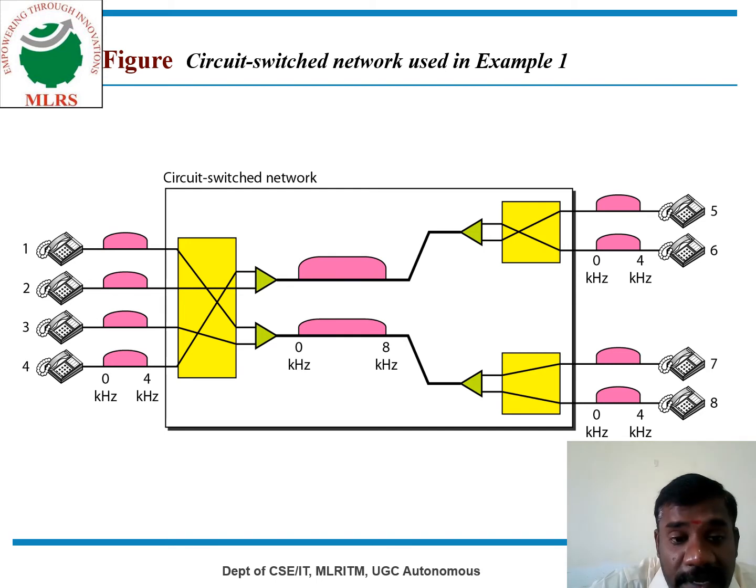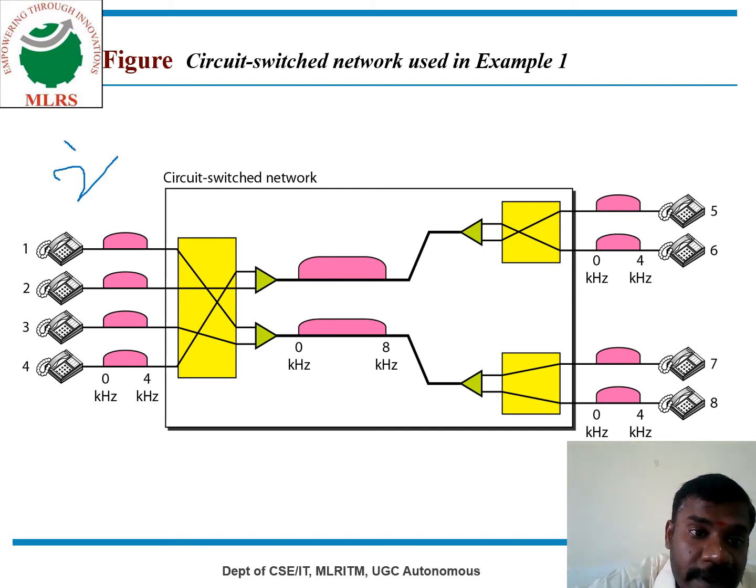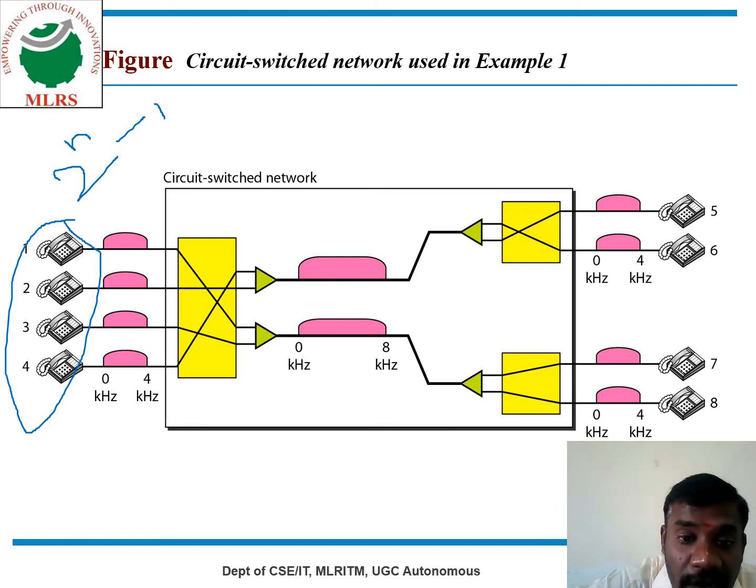What I told about multiplexing: 2 power n inputs and only 1 output. These 2 power n inputs are connected in your crossbar switches, but here only 1 link is going. In the olden days, in the telephone poles, only 4 wires were going. N number of people are trying to make a call, but the call is connected for only one or two persons.